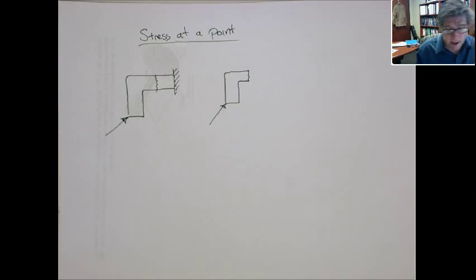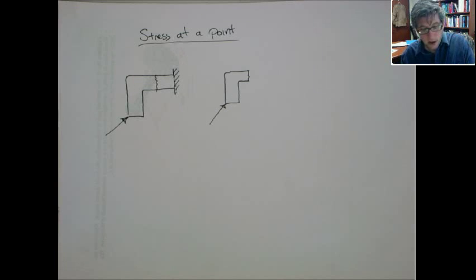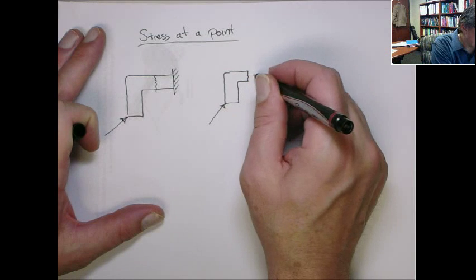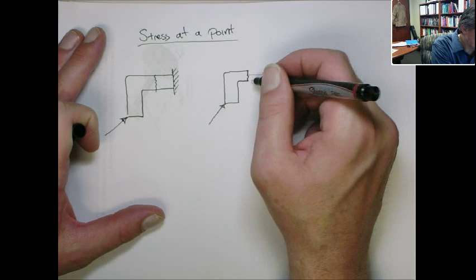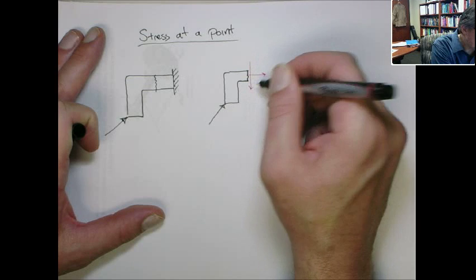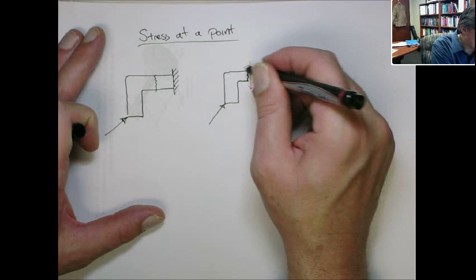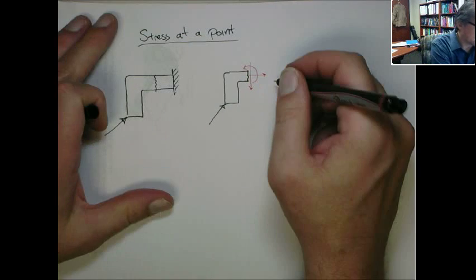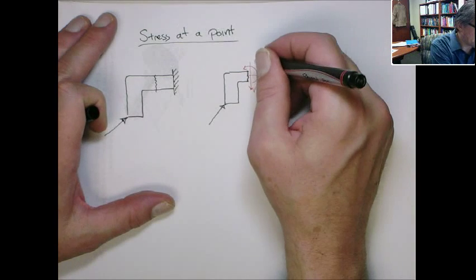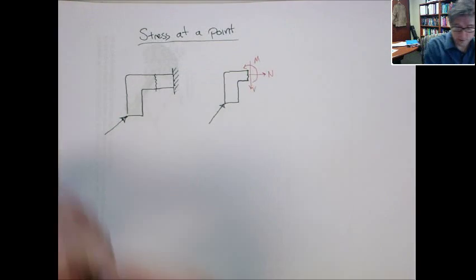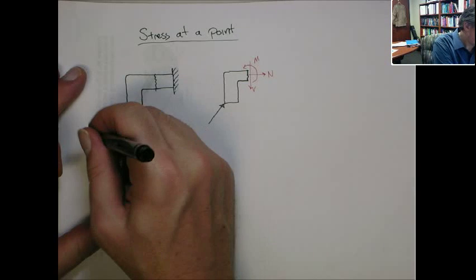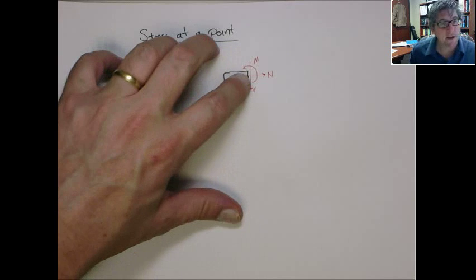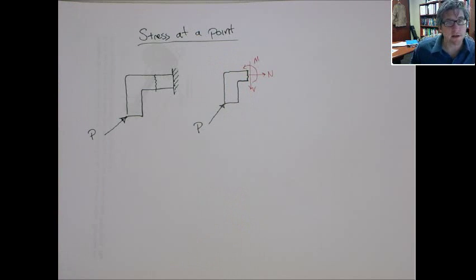We've been able to do sum of forces and sum of moments to look at the equilibrating normal, shear, and moments. These are what we're calling the internal reaction forces. Call this P. The magnitude of those doesn't depend upon the size of the component at all.